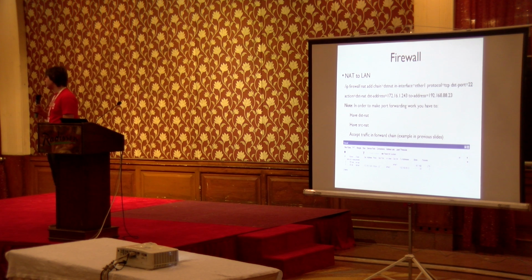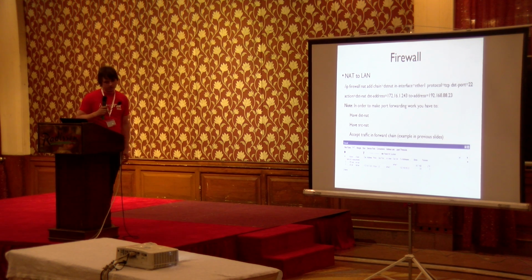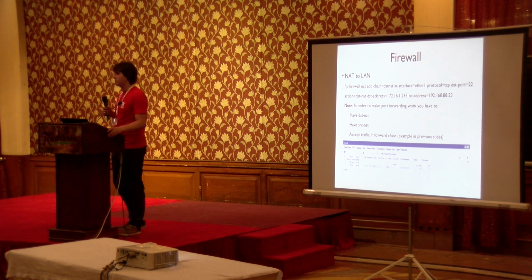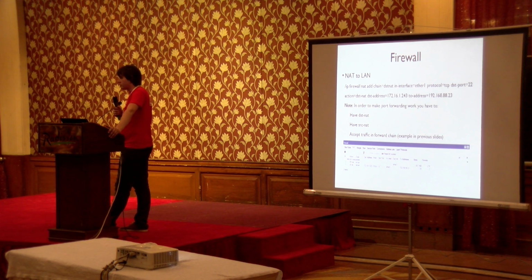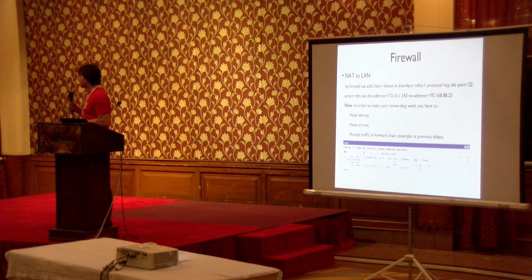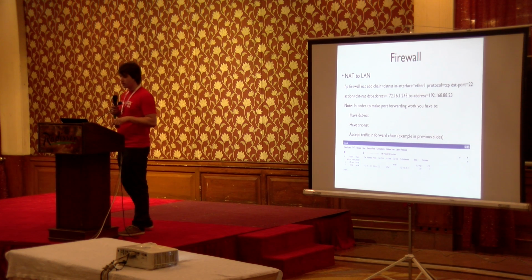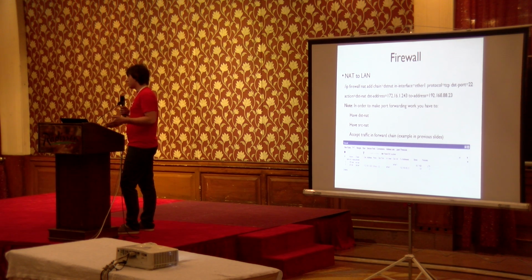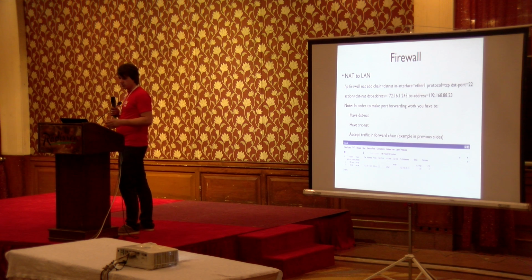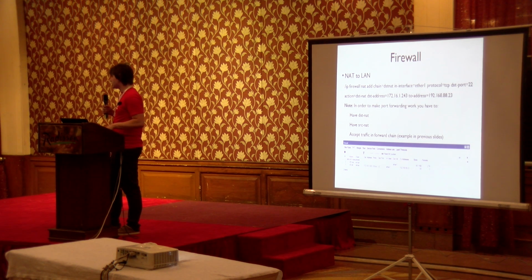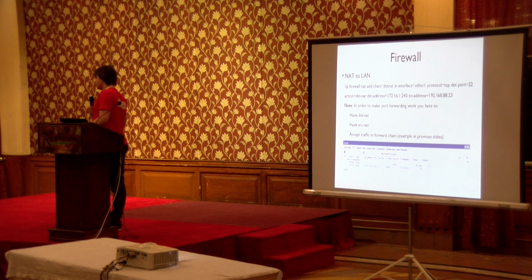In cases where you want to allow some port forwarding, for example, if you have a server working on your local area network but only one public IP address, how would you connect to your server? Well, you can use the destination NAT rule.